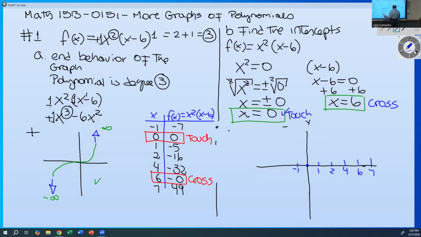The second is -5. The next one is -7. And the next one is -16. And the next one is -32.